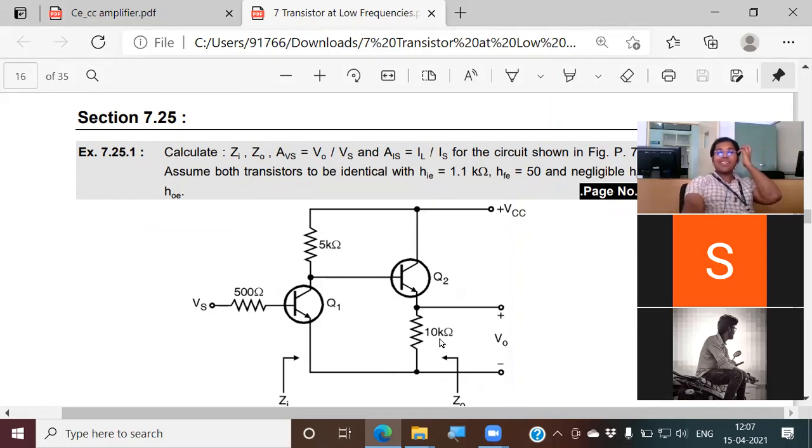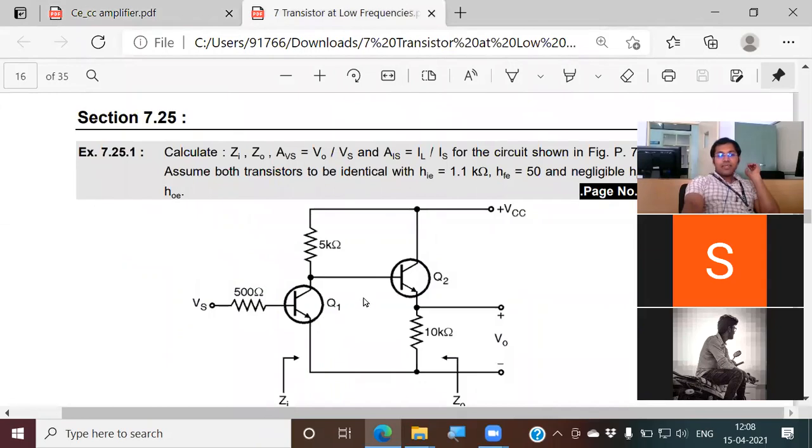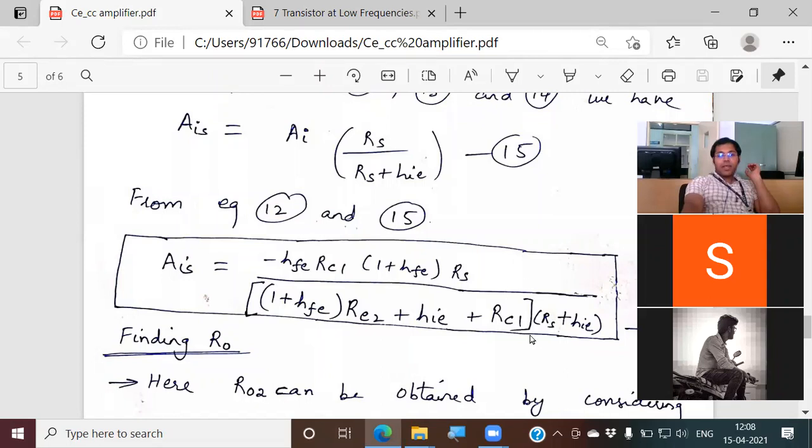Please note, kilo is 10 to the power of 3, so 10K you take 10,000 and 5K you take 5,000. So this is 51 into 10,000 plus 1.1K means 1100, plus RC1 5,000 into RS 500, HIE 1.1K means 1100.